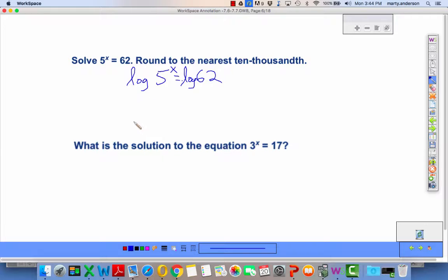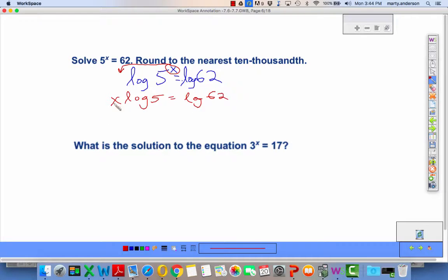Based on what we learned in 7.5, this is the beauty of the power rule. The power rule tells me I'm allowed to swing that exponent out front. x log 5 equals log 62.